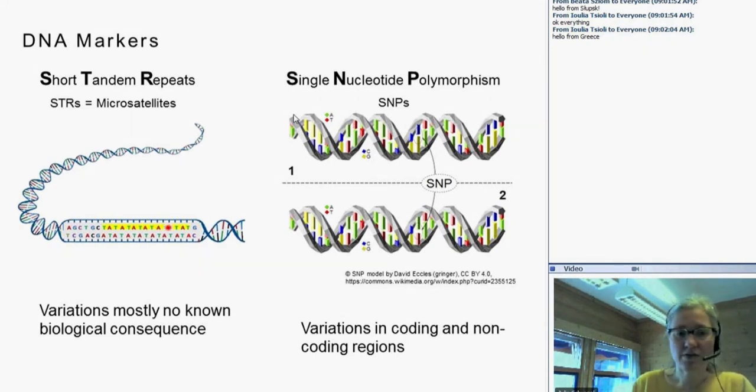These variations carry so far have no known biological consequences, so they just sit there, but we don't know if they do anything. And then we have SNPs. If you look closely, you can see that these two sets of DNA double helix look similar, apart from this region here, where this is guanine and cytosine, so blue and yellow.